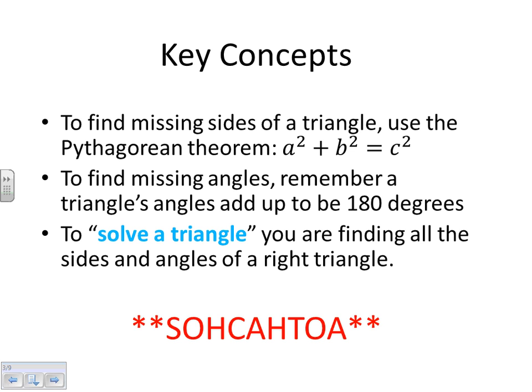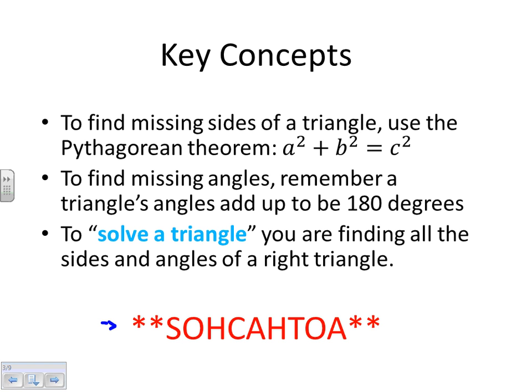Okay, here's a couple more key concepts. Go ahead and get these in your notes and replay me when you're ready. And I'll explain what this means as soon as you get it copied in. So to find the missing sides of a triangle, we're going to be given a right triangle. And remember, if we're missing one of the sides, we can use Pythagorean's theorem. It's a squared plus b squared equals c squared.